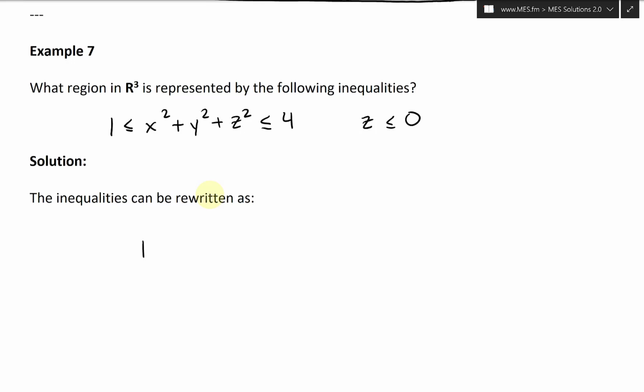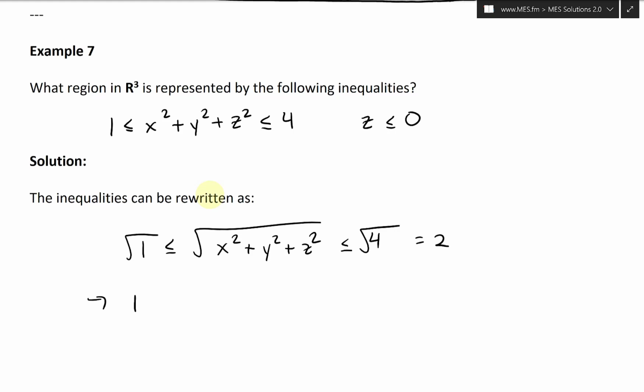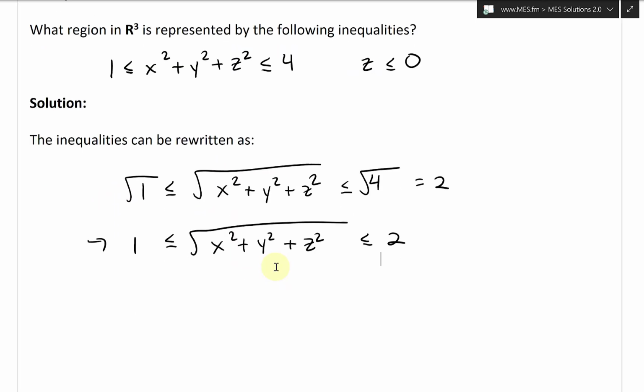So 1, the square root of 1, is less than or equal to the square root of x squared plus y squared plus z squared, and this is less than or equal to the square root of 4, which equals 2. In other words, that's a distance less than or equal to 2. And we'll only look at the positive because we're looking at distance right here.